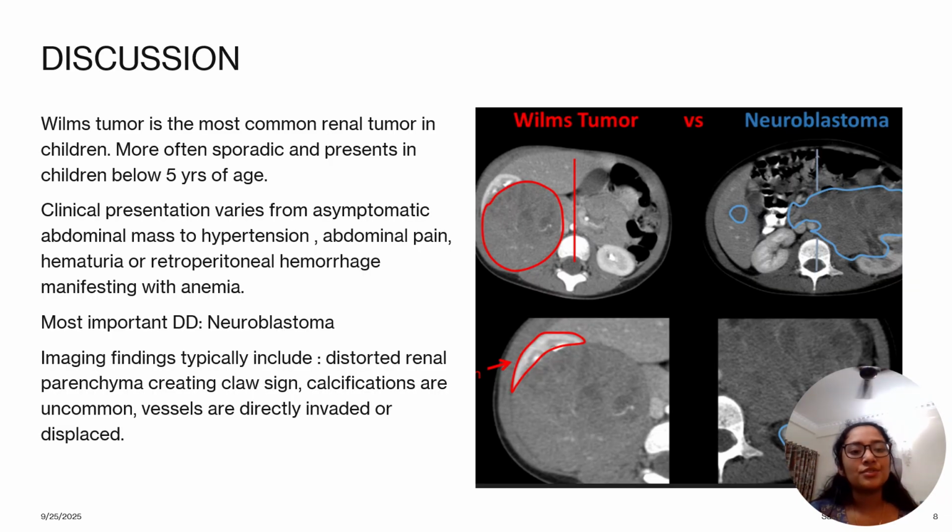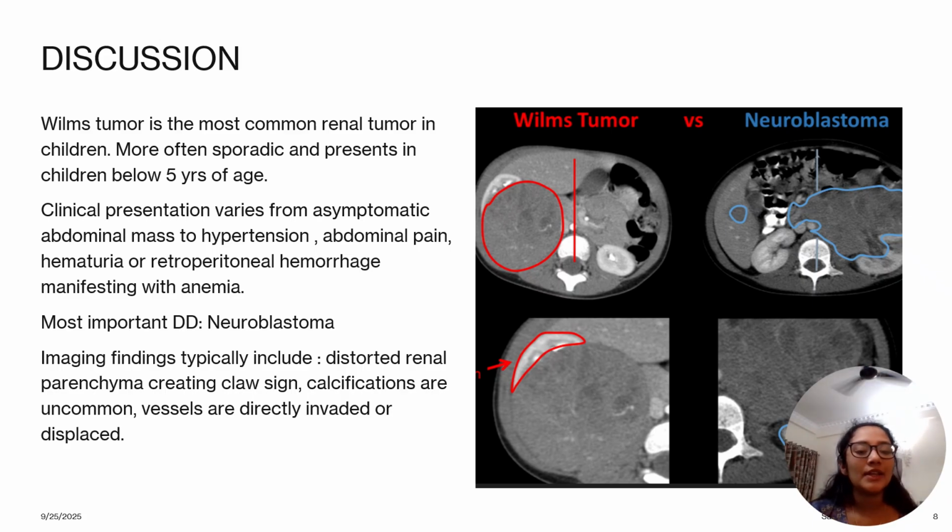So coming to discussion, Wilms tumor is the most common renal tumor in children. It's more often sporadic, presenting in children below 5 years of age. Clinical presentation varies from asymptomatic abdominal masses to hypertension, abdominal pain, hematuria, or retroperitoneal hemorrhage manifesting with anemia. Most important differential diagnosis is neuroblastoma.